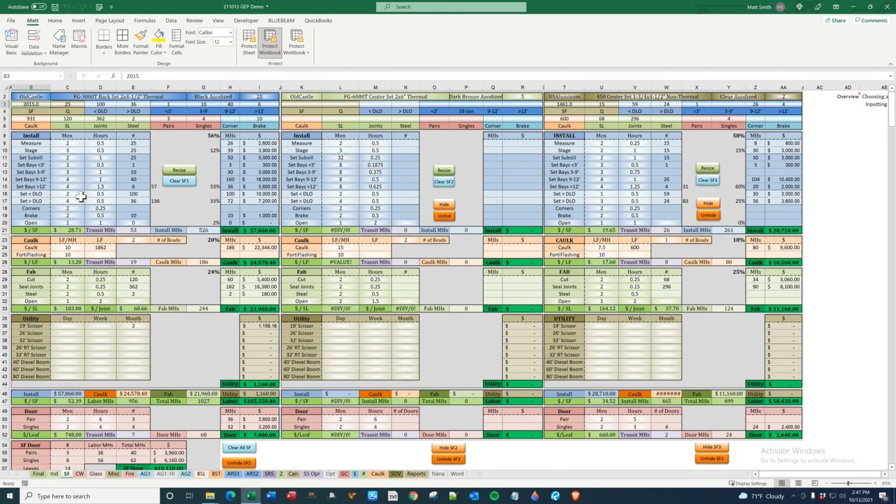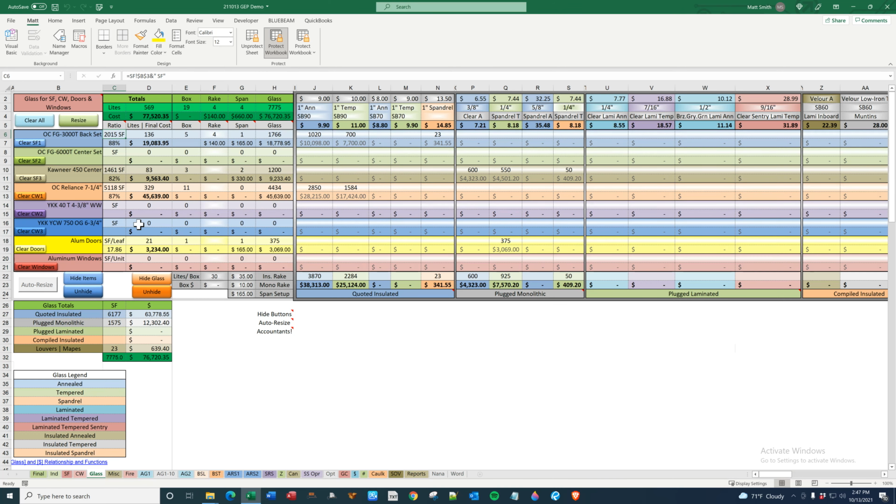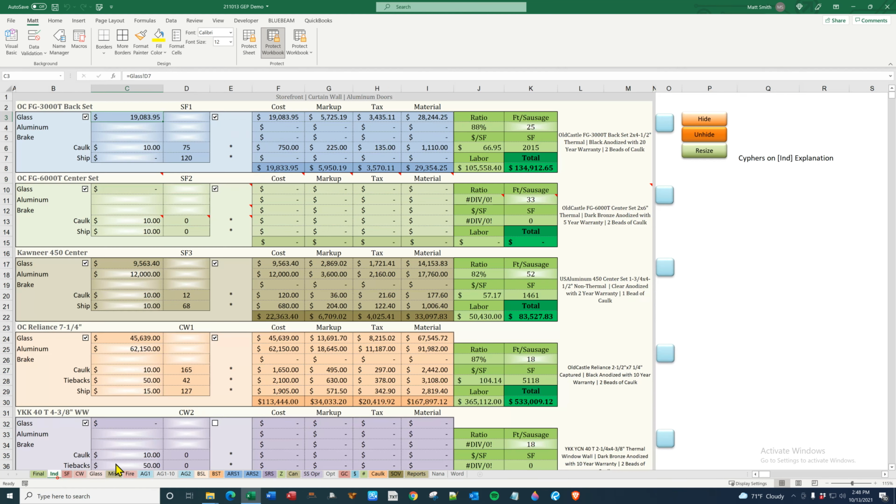The idea of this number here, which is the ratio, is taking the total glass square footage and comparing it to the total square footage of the openings. You're basically subtracting the aluminum from the total square footage, and the glass remains. This number is then repeated back over here for your convenience.